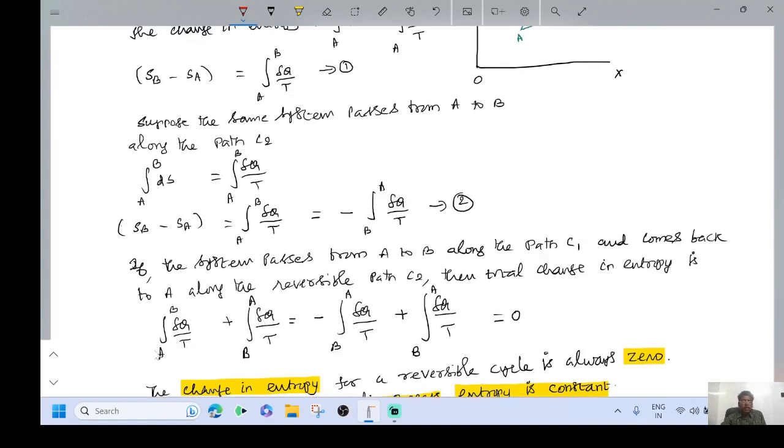See here, in the forward journey the lower limit is A, upper limit is B.